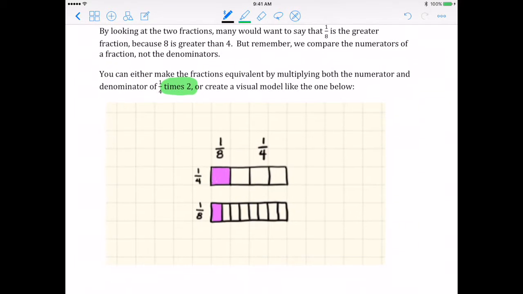Now let's look at that in a visual fraction model. So down here, you can see that I created a visual fraction model for 1/4, and I created a visual fraction model for 1/8. Now, remember, when you're creating a visual fraction model, you have to make your two models the same size.